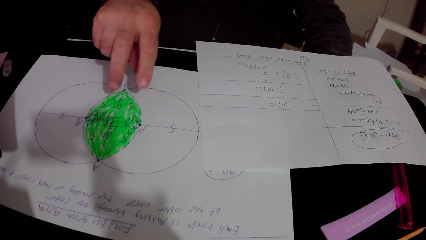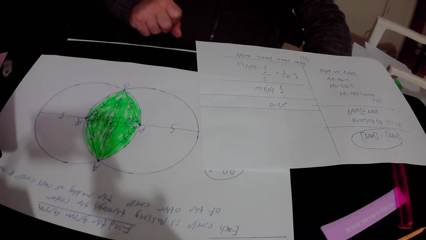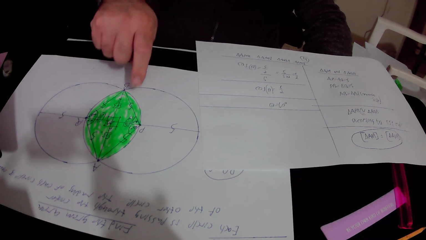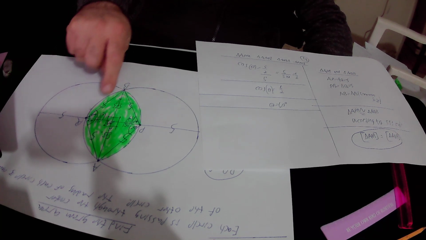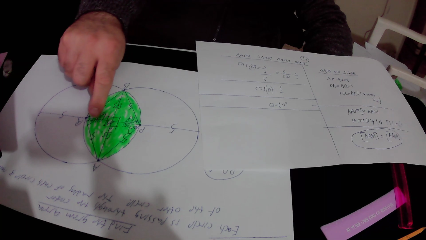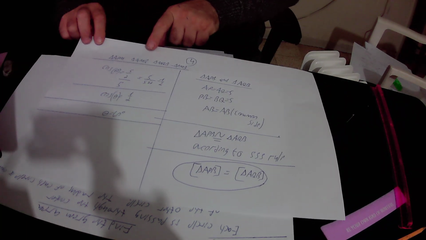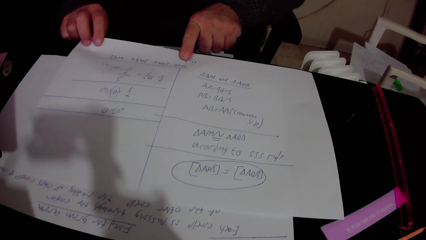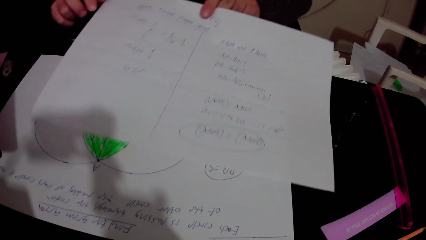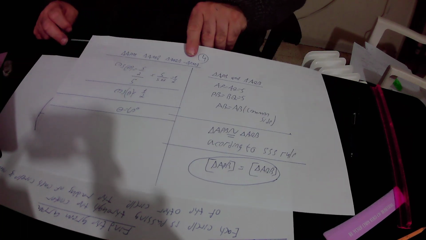On those four right triangles, we calculated the values of those four angles: 1, 2, 3, 4. And the values of those four angles in those four right triangles, triangle APM, triangle AMQ, triangle MQB, and triangle PMB, are equal.